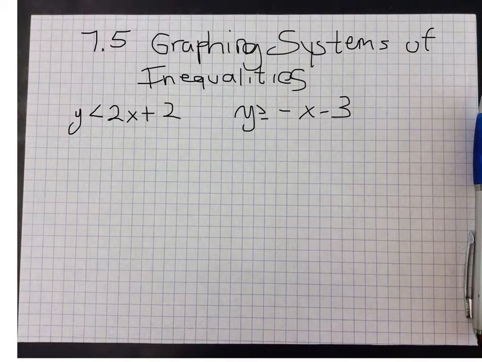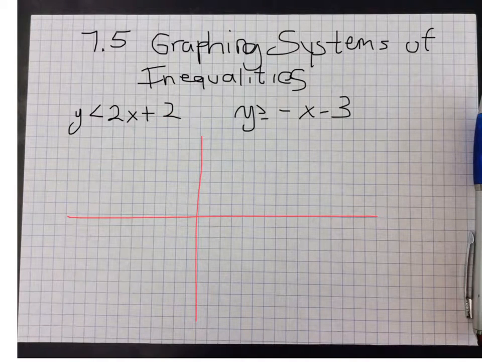We would first of all set up our axes here. And we would first graph them like we normally would. The y-intercept for the first equation is 2, so I'll go to 2 on the y-axis.